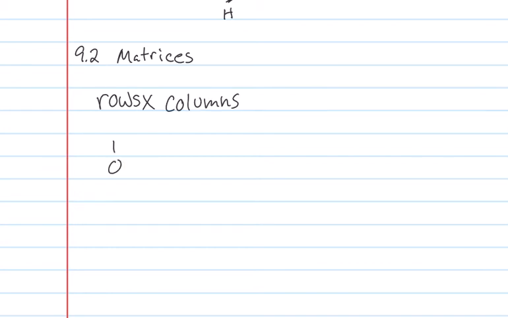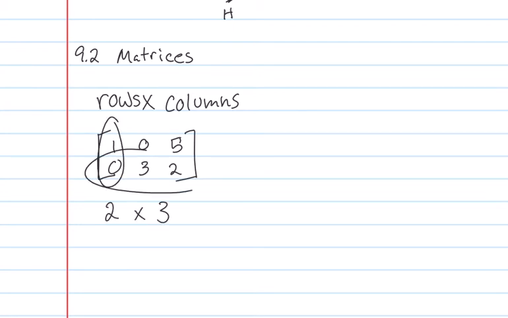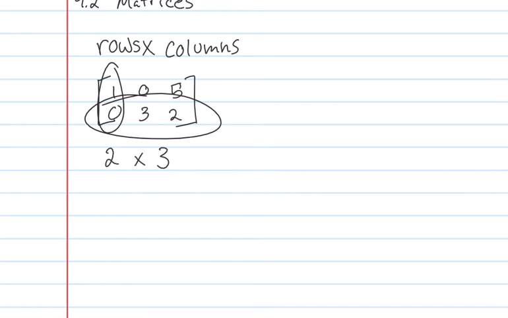For example, this matrix right here, which is a rectangular arrangement of numbers, is a 2 by 3. And we need to have the dimensions listed like that so that we know if we can add or subtract or multiply.